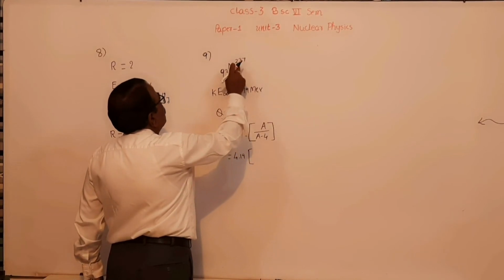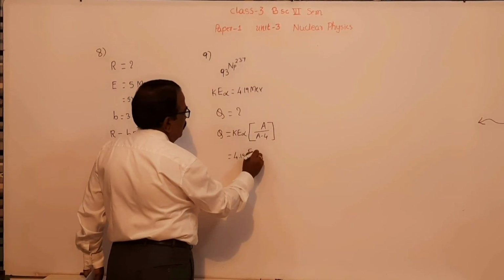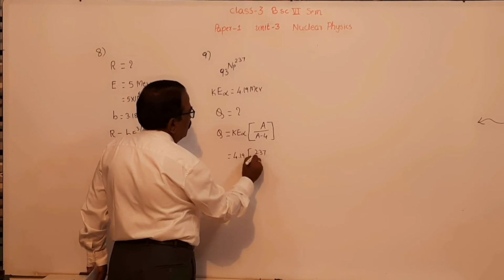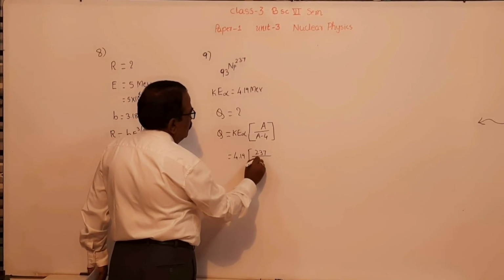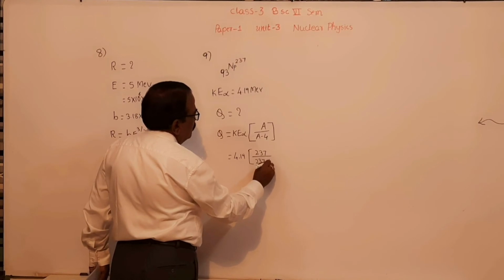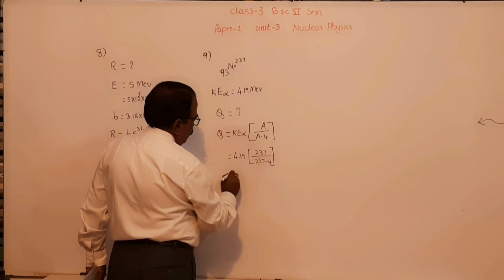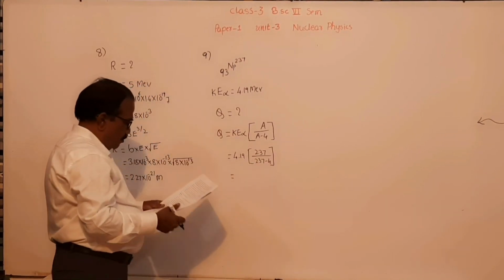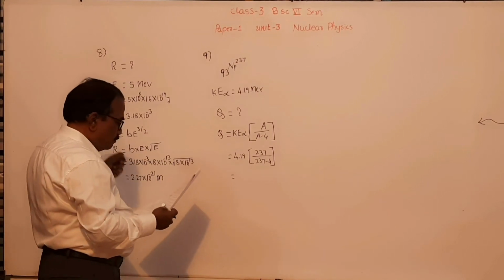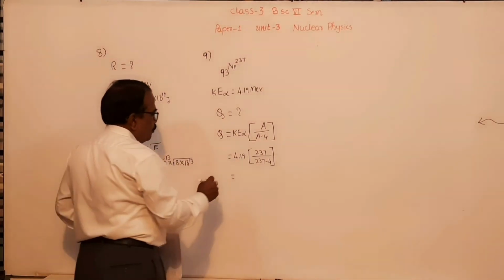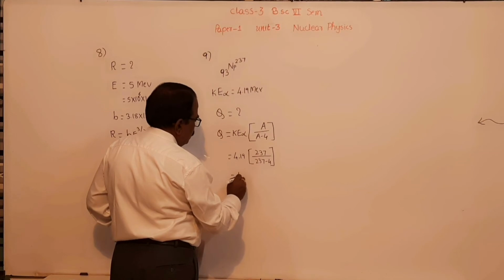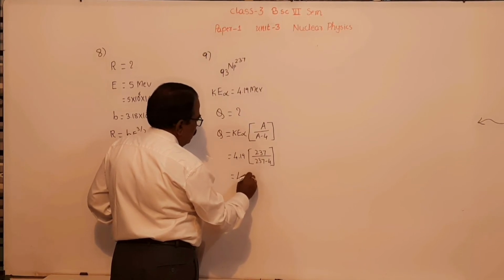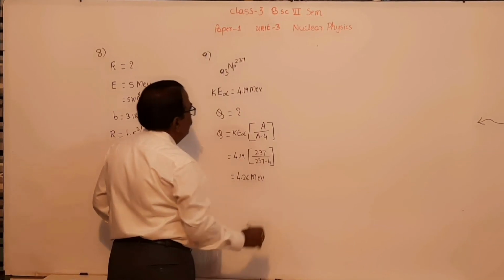Your A is 237, then 237 minus 4. If you simplify this, you are going to get 4.26 MeV.